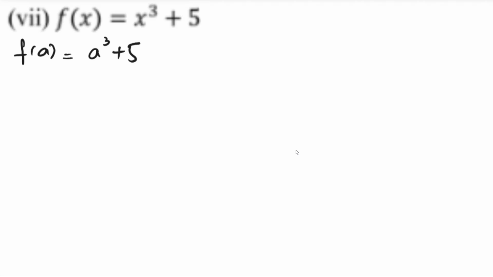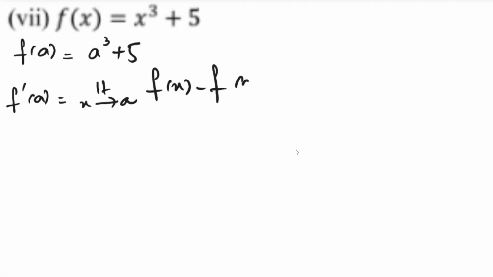Now the formula to find derivative by ab initio method is f dash of a is equal to limit x approaches to a, f of x minus f of a divided by x minus a. Here f of x is this one, and f of a we have found, that is a cube plus 5.